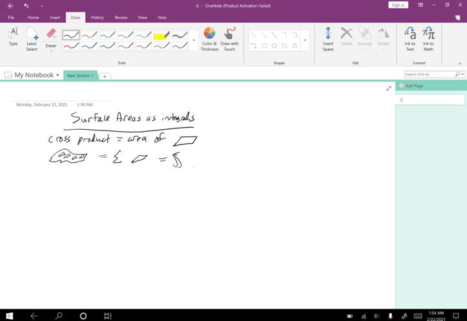Like in the video before that, we knew that if you did the same procedure in 1D and split it up using line segments, the length of that displacement vector was just the derivative, right?